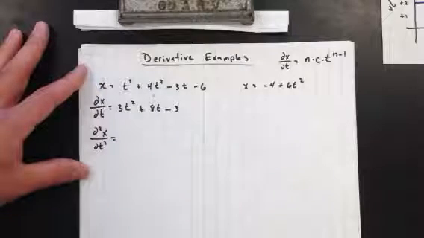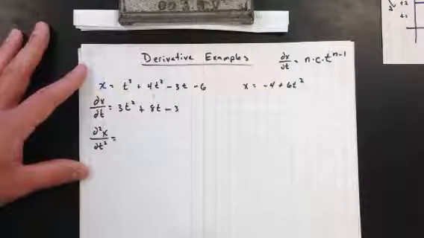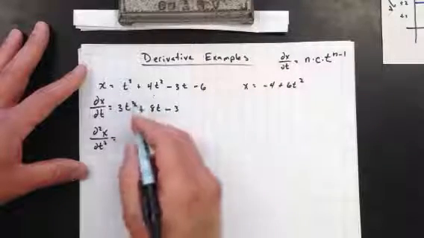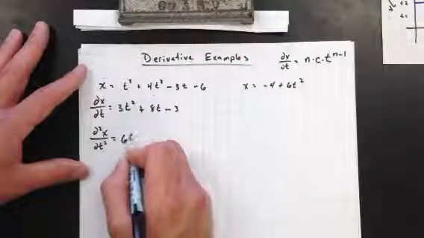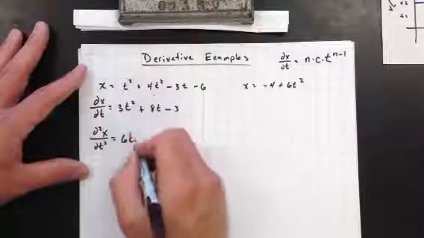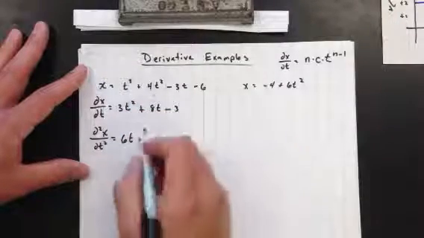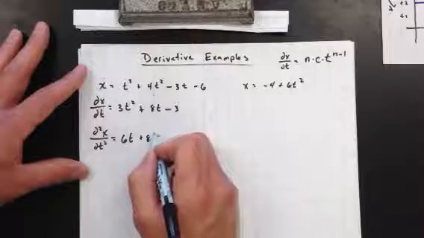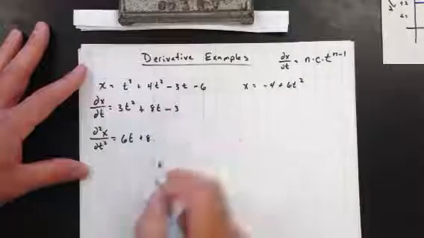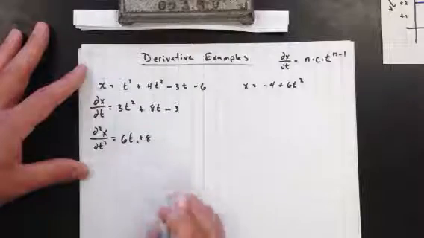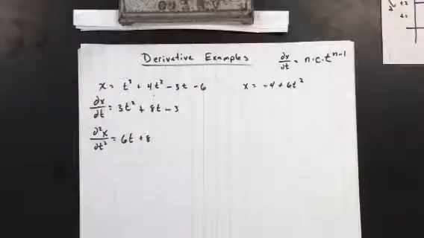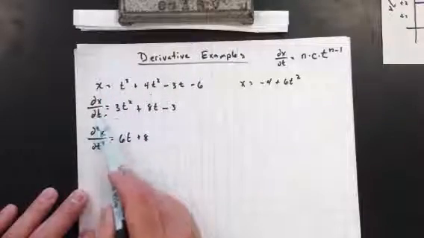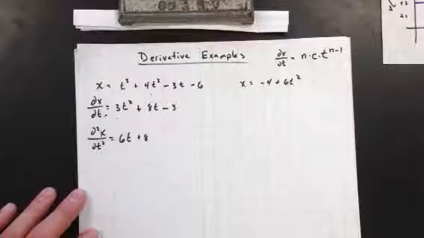But we just look at our first order derivative and we do the same formula. So that's n times c, which is 6t. 2 minus 1 is 1, 6t. Plus 1 times 8, which is 8. T to the 1 minus 1 is 0, which is 1. So now 6t plus 8 is our second order derivative. So this is our position, our velocity, and our acceleration.